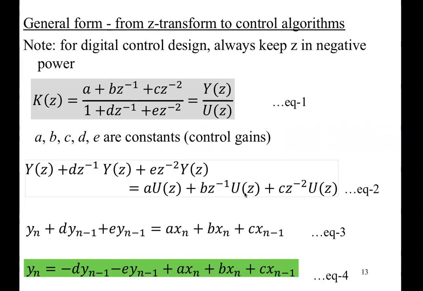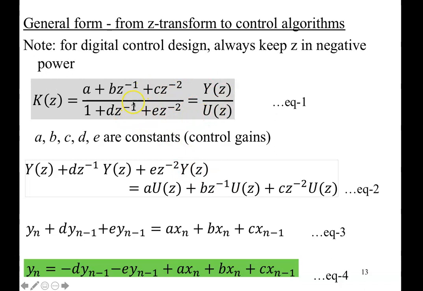Now, in general, if you have a transfer function in Z after you've done the conversion, the steps to derive the control algorithms is through cross multiplication. So here we have this very general form.